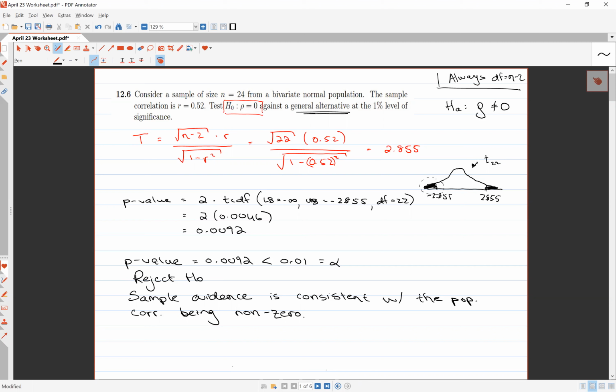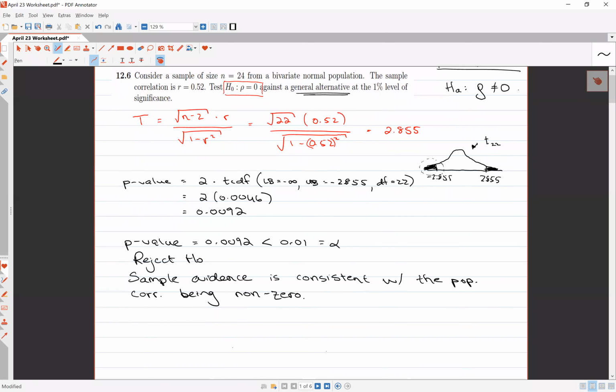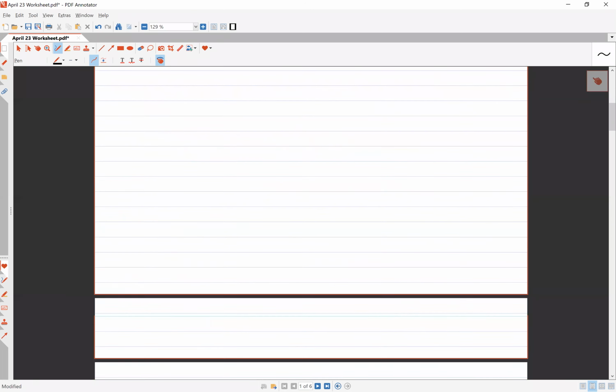So for this specific test, always n minus 2 degrees of freedom. Okay, and there were some very similar examples in the Tuesday session if you want to revisit those.